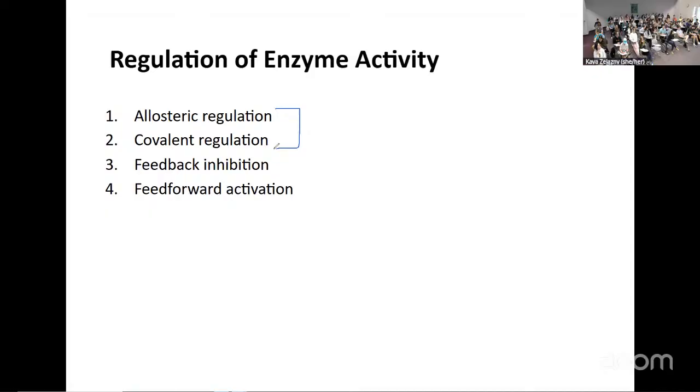The second two are more conceptual, like negative feedback and positive feedback. These aren't the same thing, but they're conceptual in that way. We're thinking about pathways. So we're going to start with our physical changes to enzyme activity.